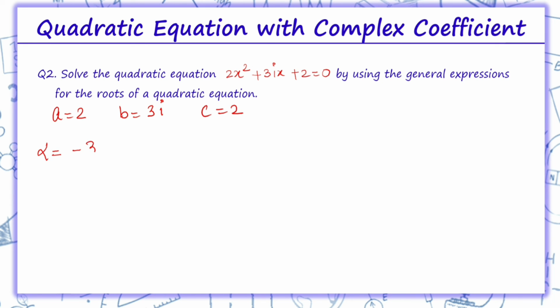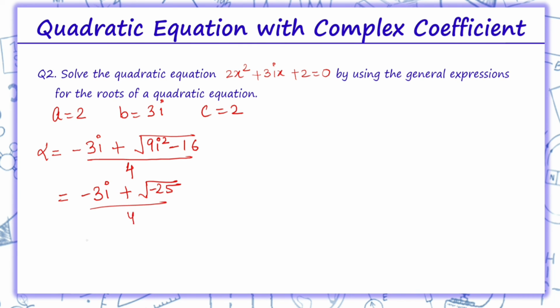minus b, that is minus 3i, plus root of b square minus 4ac. 3i square will be 9i square, 4ac, 4 into 2 is 8, 8 into 2 is 16, by 2 into 2 which is 4. So when we solve it, minus 3i plus root of i square, which is written as minus 9, minus 9 minus 16 will become minus 25, upon 4.